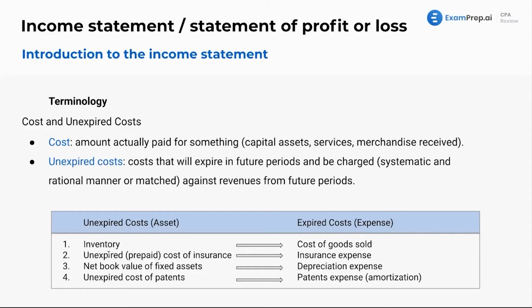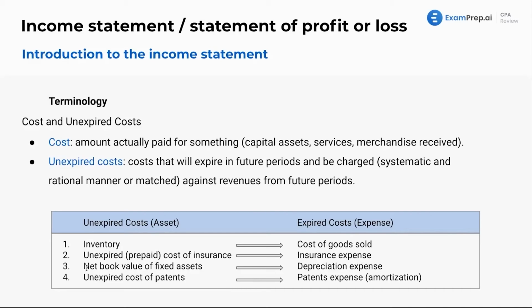Okay, well, what about when you use up your prepaid insurance, right? You prepay for 12 months of insurance. What's the journal entry? You debit expense to increase it, right? Remember that from our balance sheet lecture. And then you are going to credit your asset of prepaid insurance to reduce it. How do you account for the net book value of fixed assets? How do you depreciate them? Well, you are going to debit depreciation expense.